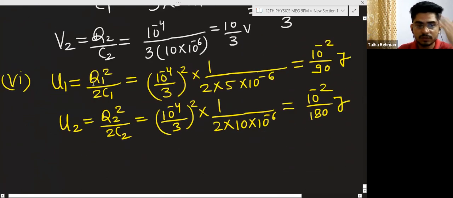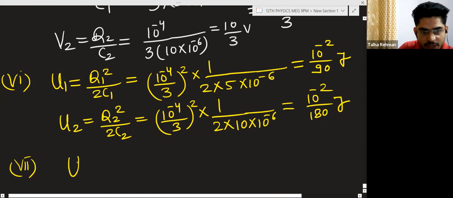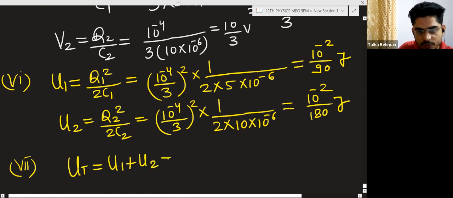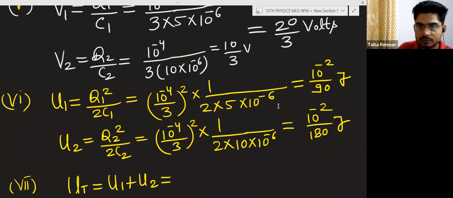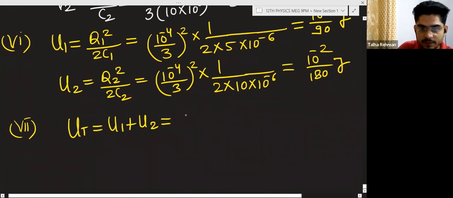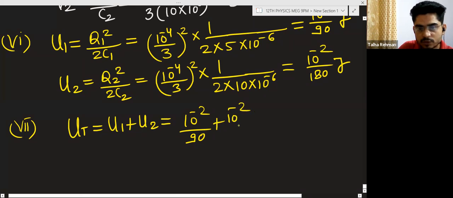And if you want to calculate the total energy stored, 7th point. Total energy stored, you can first calculate the energy like this, U1 plus U2, and you will get the answer. 10 to the power minus 2 by 90 plus 10 to the power minus 2 divided by 180.